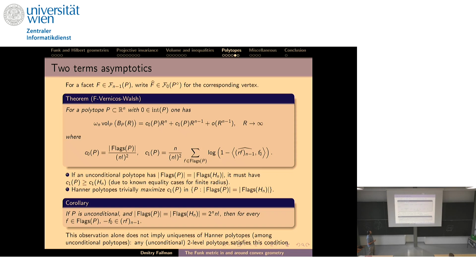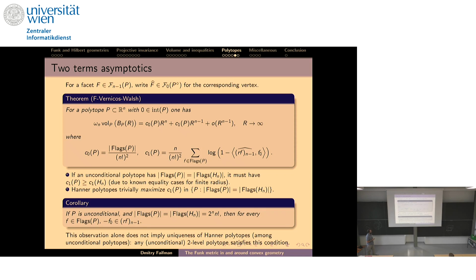But on the other hand, if you look at this coefficient, it's clear that Hanner polytopes actually maximize it because they give the value of -1 for this pairing. Well, it's clear once you spend 5 minutes thinking about it. It maximizes it, and therefore you must have equality, and that immediately translates to a combinatorial effect. So here is what you get.